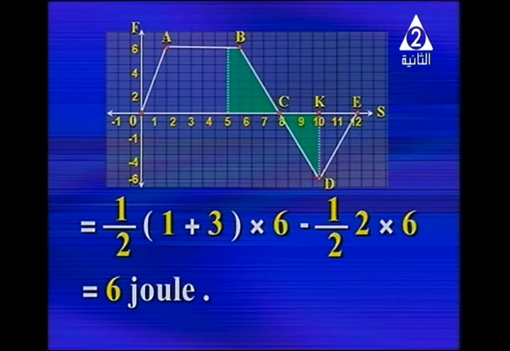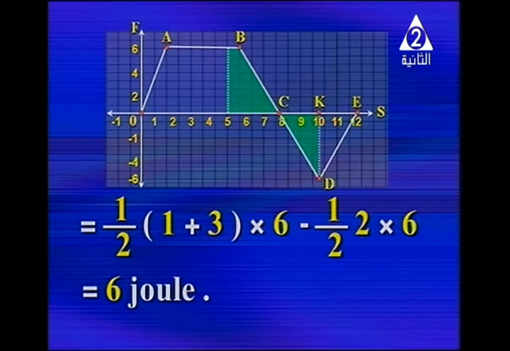Dear student, in this example, we find the work done by using definite integration from 0 to 12, and from 5 to 12, and from 5 to 10. From 5 to 10, the work done is the definite integration from 5 to 10. This is represented by the area of a trapezium and the area of a triangle.